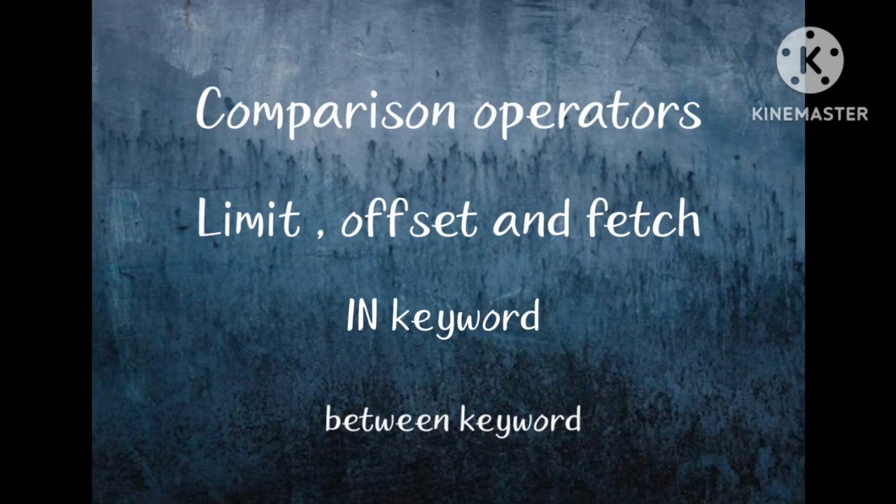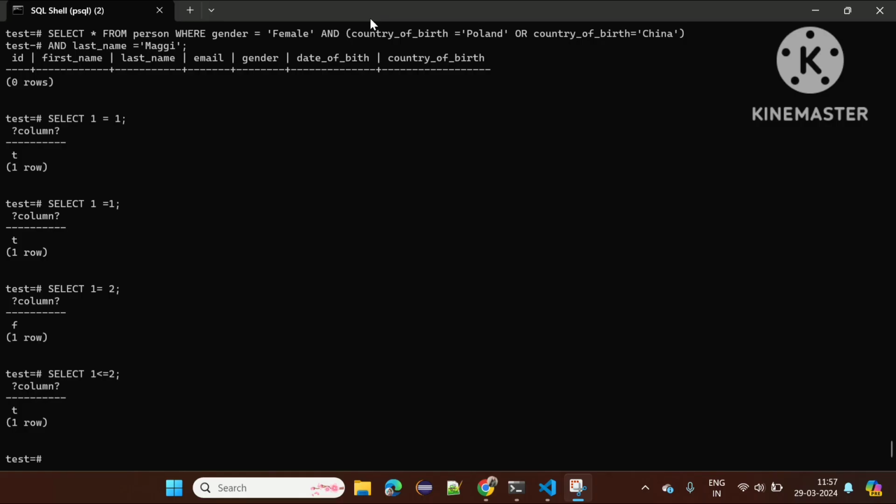Hi, in this video we will see comparison operators, the limit, offset and fetch keywords, and the in keyword and between keyword. What do operators allow us to do? They allow us to perform arithmetic, comparison, bitwise and logical operations. Most of the time you are going to be using arithmetic and comparison operators.